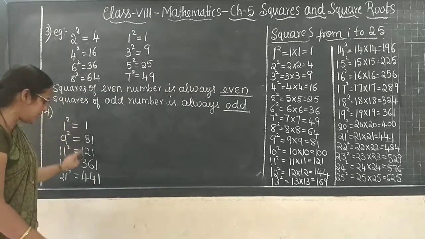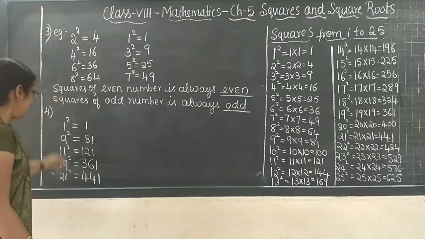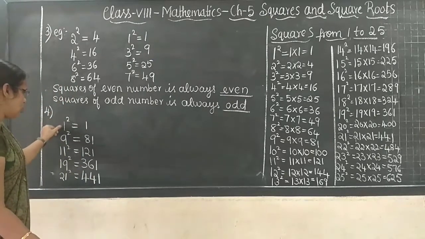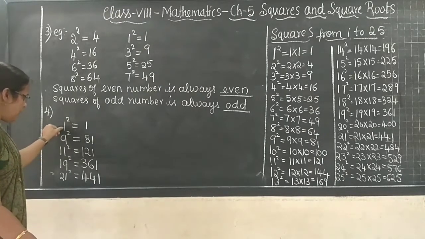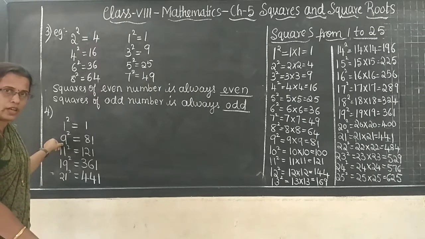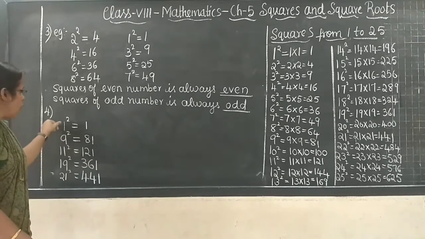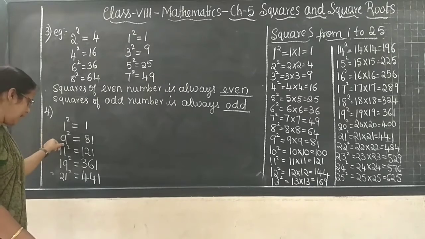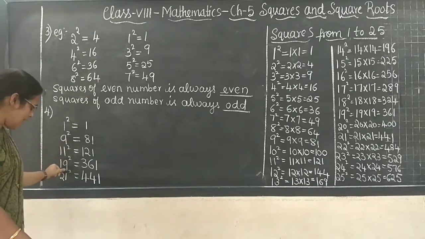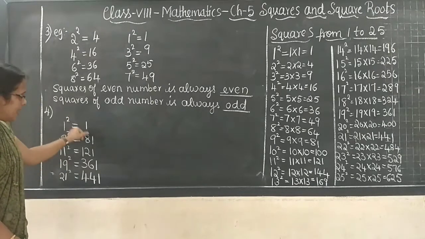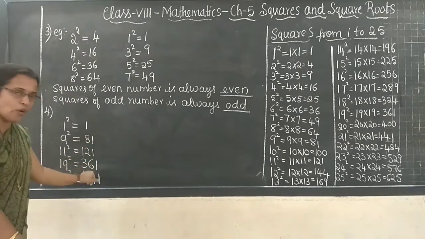Just observe these examples, children. So now, square numbers. What is that? Any number that ends with 1 or 9, its square ends with 1.